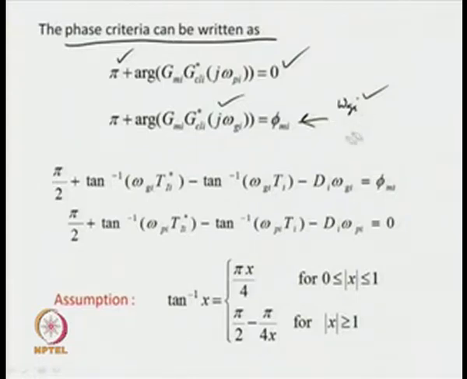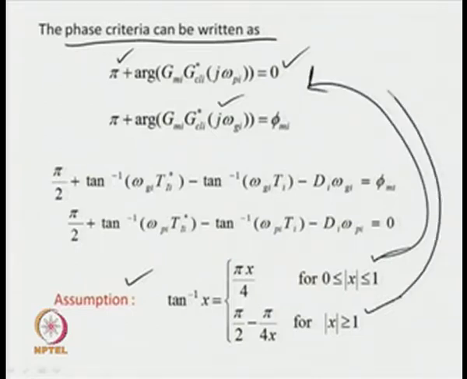So, the assumption for the inverse tan function is made use of: tan inverse x is equal to pi x upon 4 when x is less than 1, and tan inverse x is equal to pi upon 2 minus pi upon 4x for x very large compared to 1.